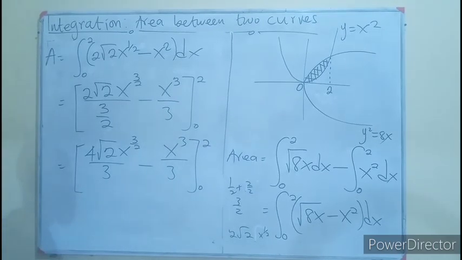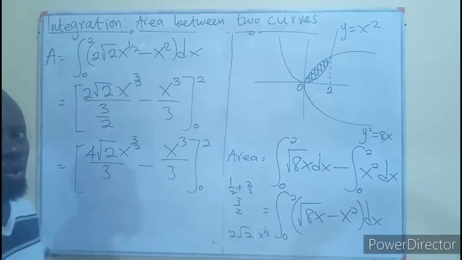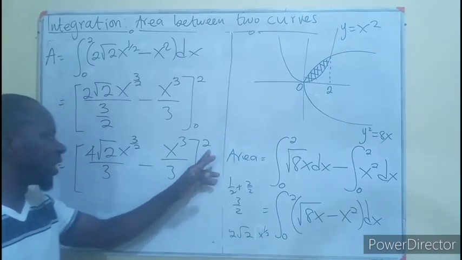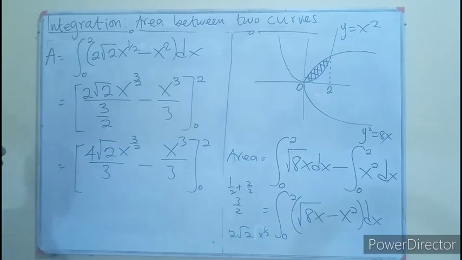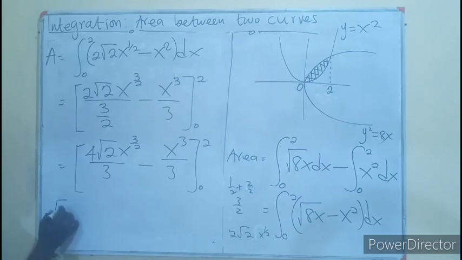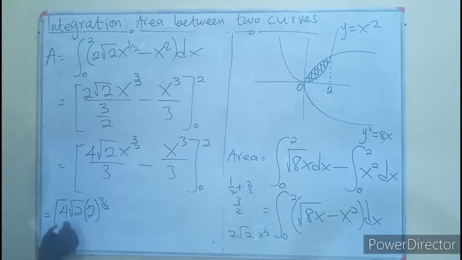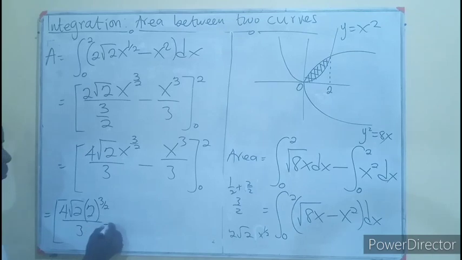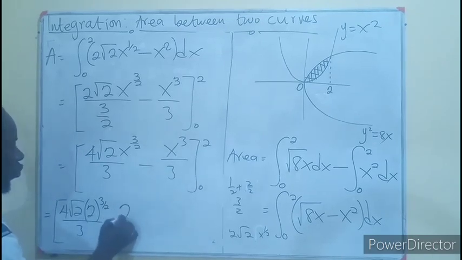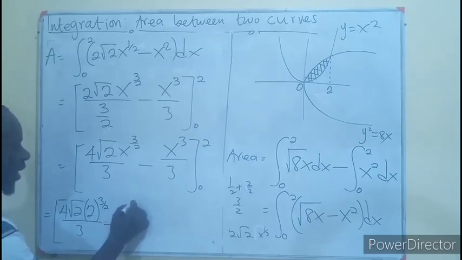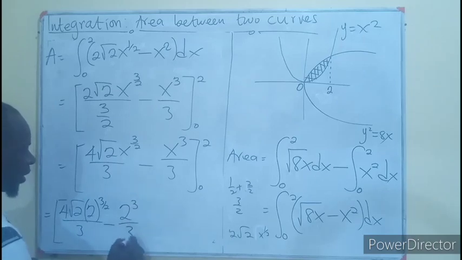So now we can do our substitution of the limit, starting from the upper limit. In place of x, I put 2. That will mean I'll be having 4 root 2 multiplying 2 exponent 3 over 2, divided by 3, minus 2 exponent 3 over 3.